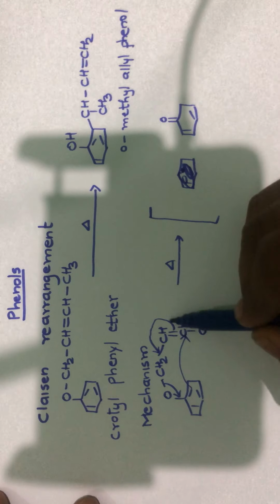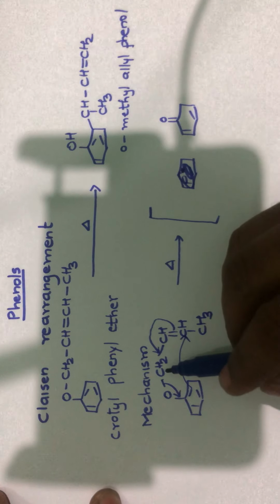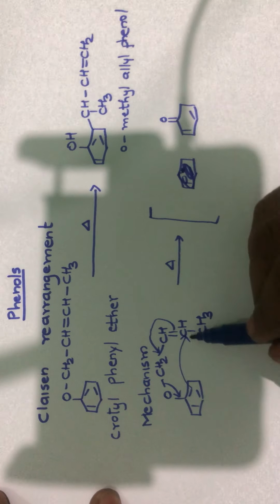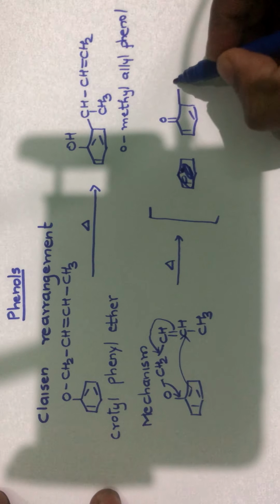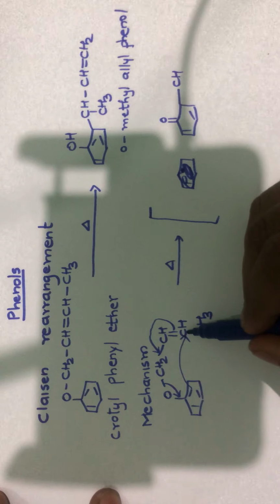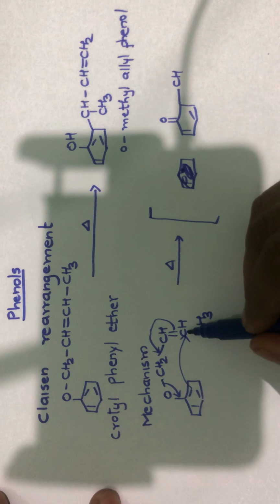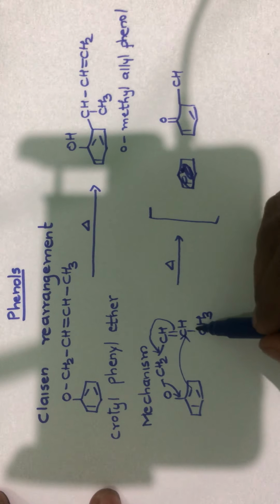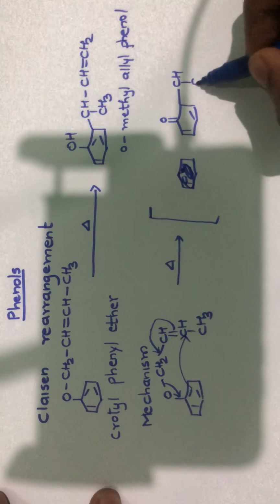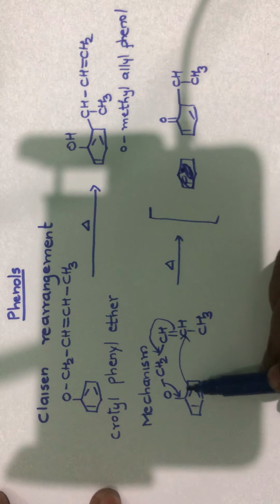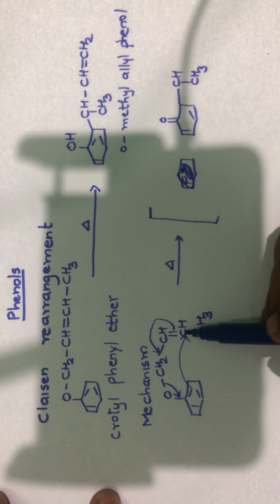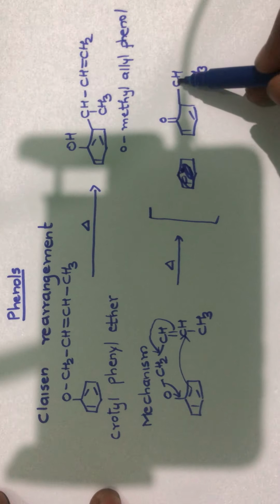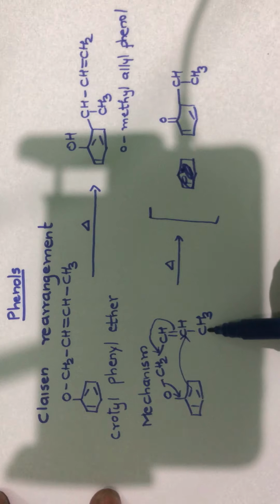So when it attacks this, this moves here. The benzene carbon and this carbon form a bond. So this group, CH3, will be attached here only. There is a bond between these two, so this is the CH that is attached here.